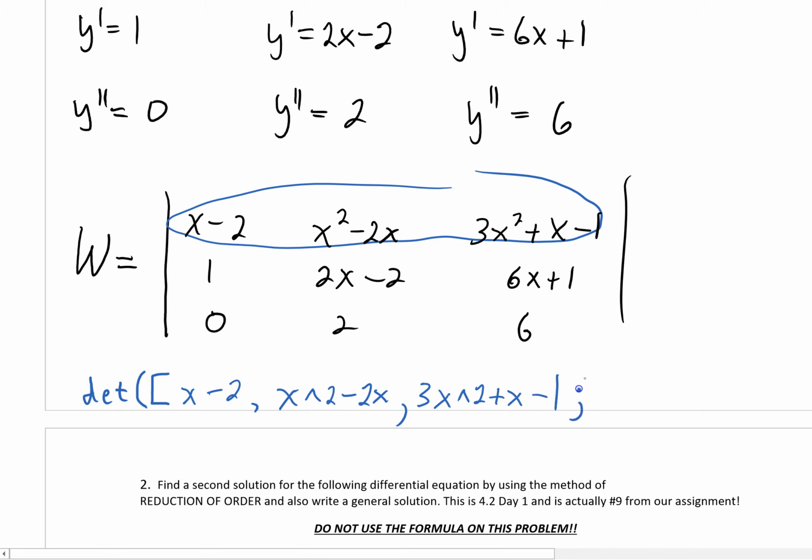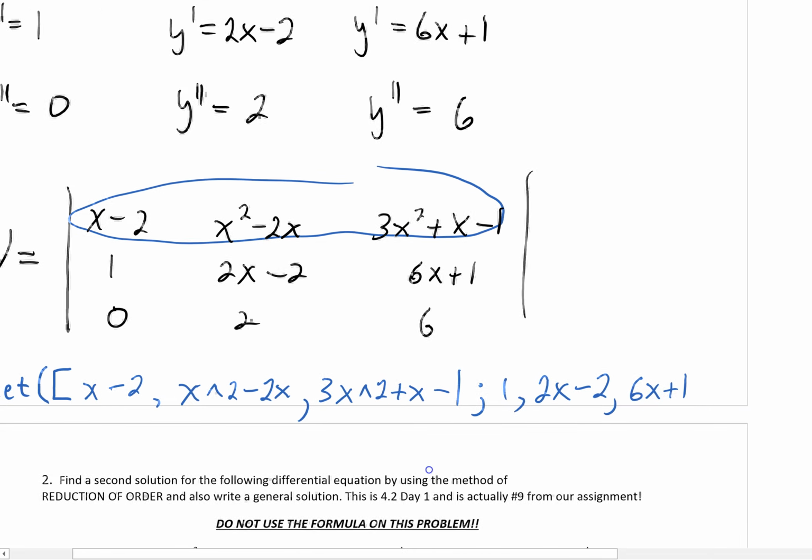But then you need the semicolon. And guys, the semicolon, if you look right above the 9 in the yellow or a different color, you'll see that's where the semicolon is. Hit second 9 and you will get that. And then just type in your next row. It's a 1, a 2x minus a 2, and then a 6x plus a 1.